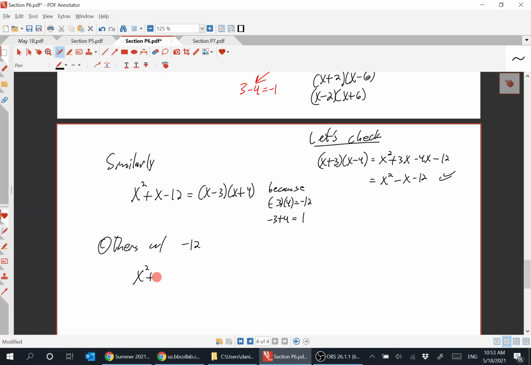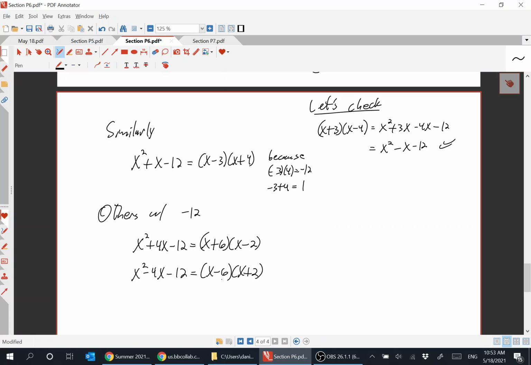X squared plus 4x minus 12, that's x plus 6, x minus 2. X squared minus 4x minus 12, that's going to be x minus 6, x plus 2. Because minus 6 plus 2 is negative 4, and 6 minus 2 is positive 4.